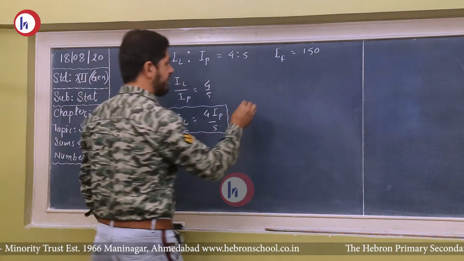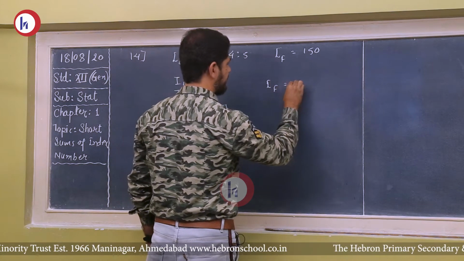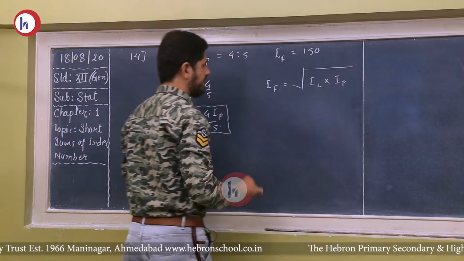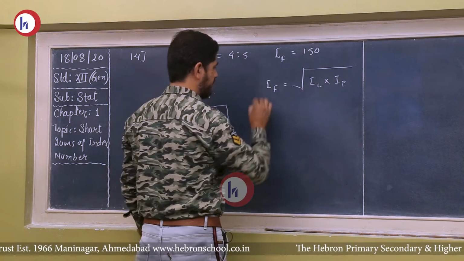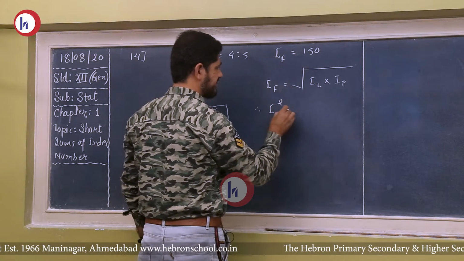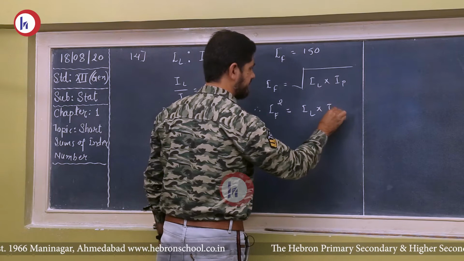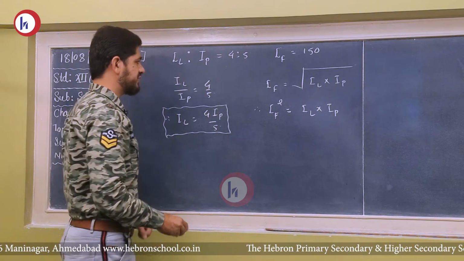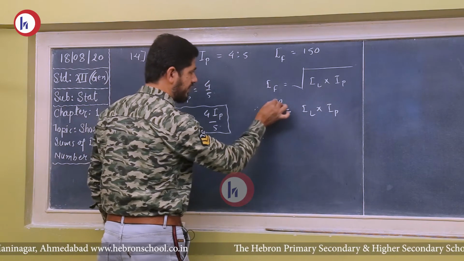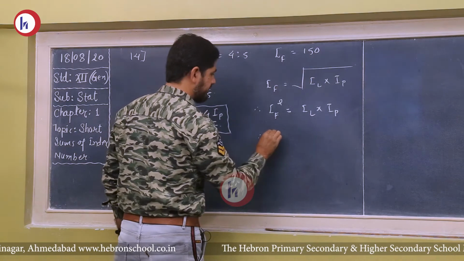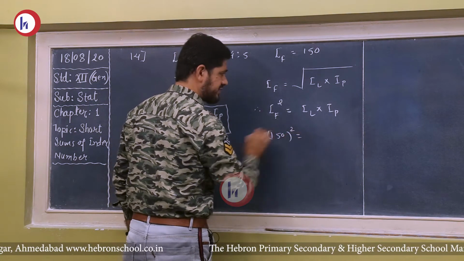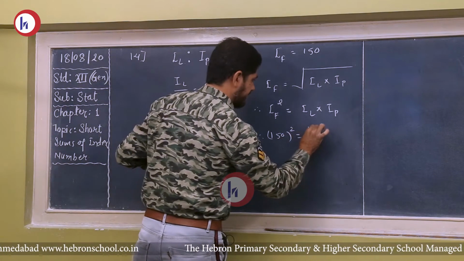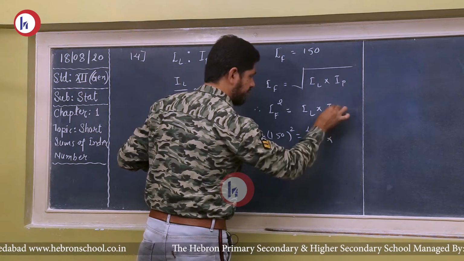The formula of IF is equal to under root IL into IP. If we remove the square root, we can write IF square is equal to IL into IP. So it is a modified formula of Fisher's index. Now the value of IF, that is given to us as 150, is equal to the symbolic value of IL, 4IP/5, into IP.